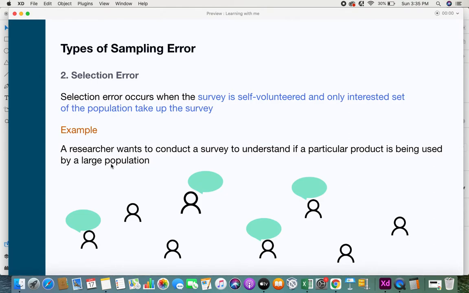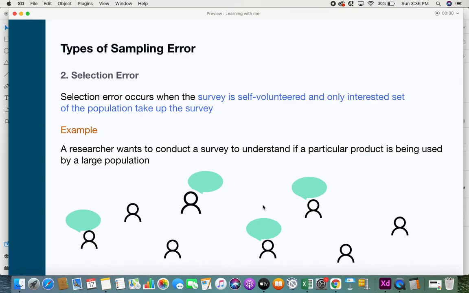The entire population might be using the product. But when you survey people, not everyone will respond to your survey. There would be a few people who are interested and who self-volunteer, and they would be the ones responding to the survey.